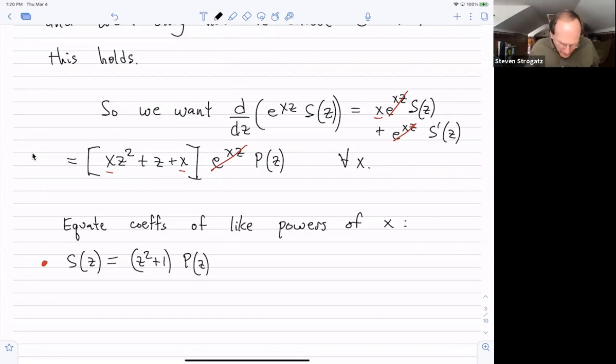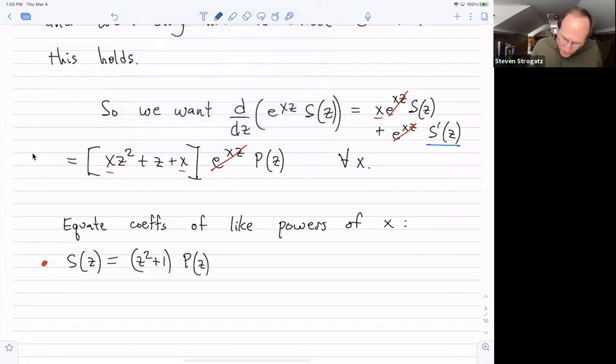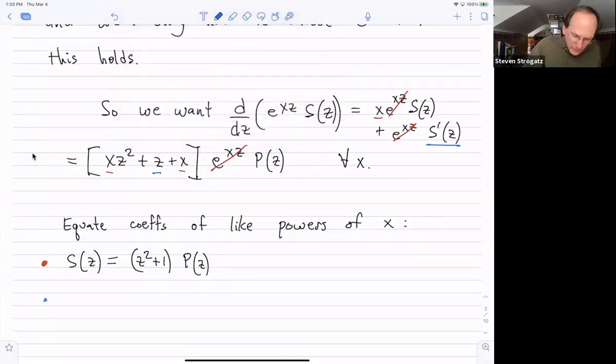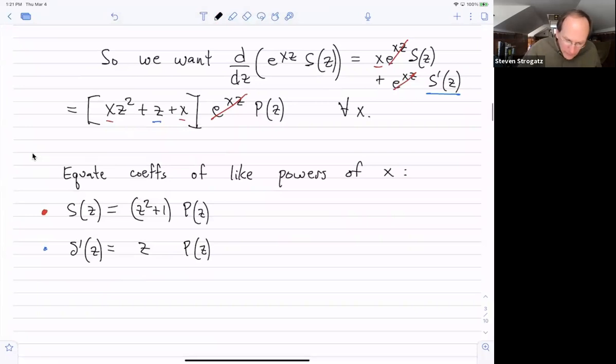And then for the terms that don't have an x in front of it, let's do it in blue, like say this term and this, the blue guys are giving us S prime of z equals z times P, if I'm doing that right. Yeah, so that would work.